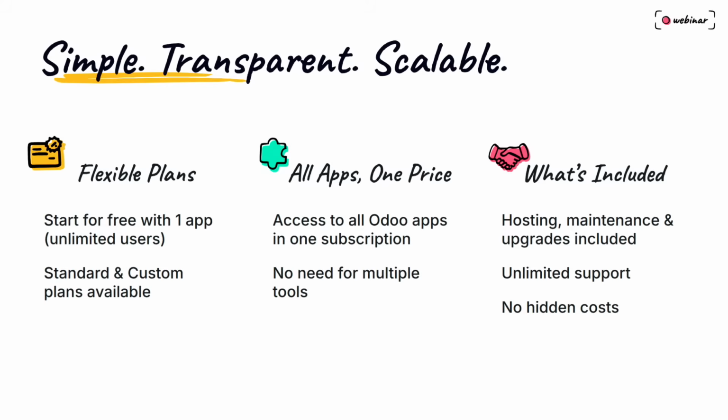So if you get a subscription, you have the possibility to access all Odoo apps. It's not only website, you can add other applications if you need to. And you do not need anything else, so the full flow of your website and your business can be done on Odoo directly from scratch.